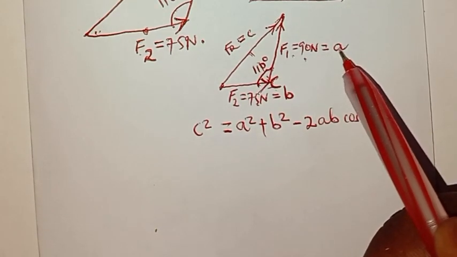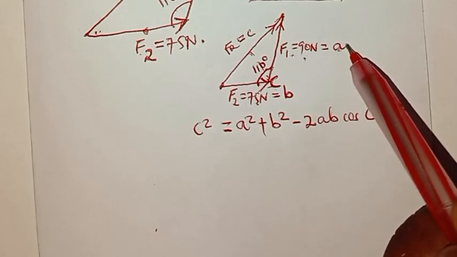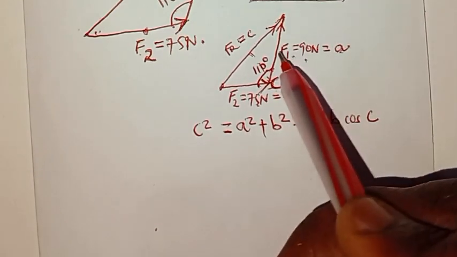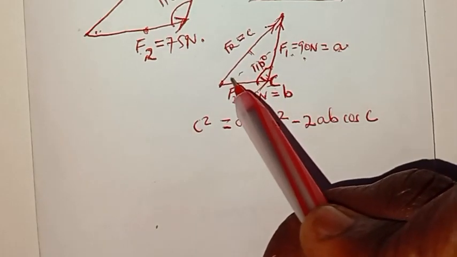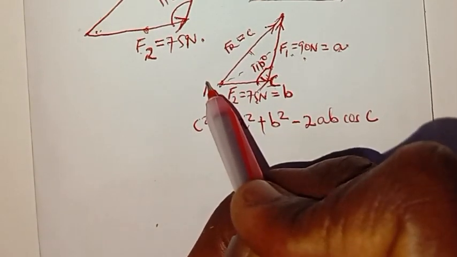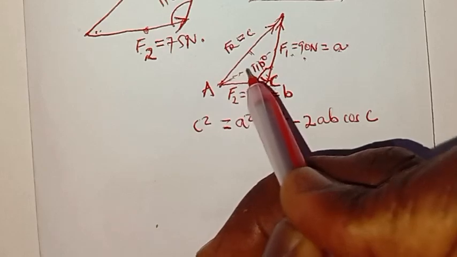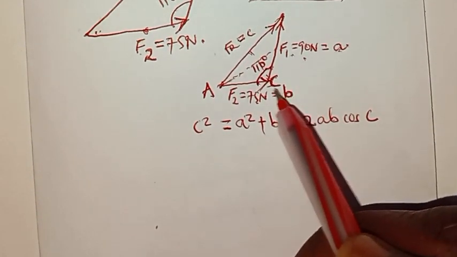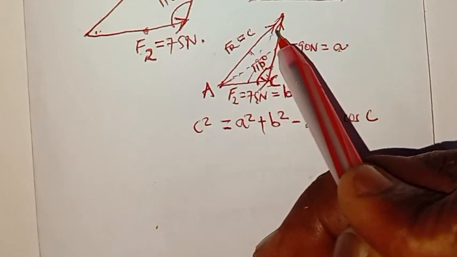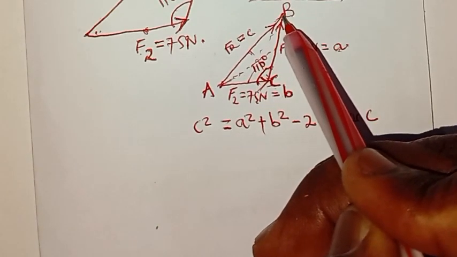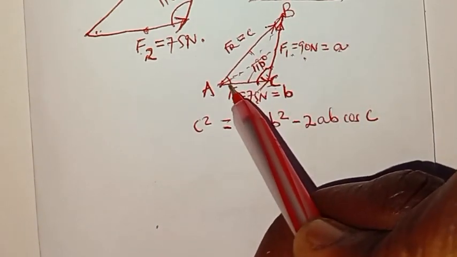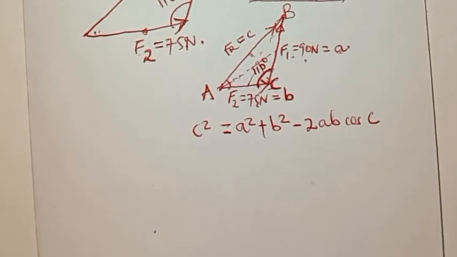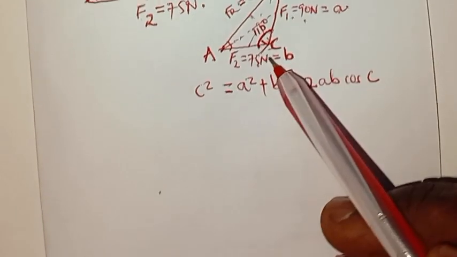Then F1, which is A, the opposite angle is this point, so this is capital A. Then our B is here, and the opposite angle is capital B. But our main interest is at this point.